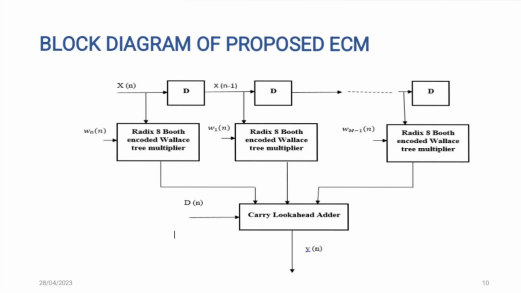In the radix-4 Booth encoder multiplier, the integer W of n is encoded by Booth encoding, which acts as a multiplier, and the input X of n is the multiplicand. We get the partial products, which form a Wallace tree formation, and it is passed to the carry look ahead adder, where the desired signal is added and compared and produces the product of ECM, which is Y of n, and which will be the input for the weight update module.